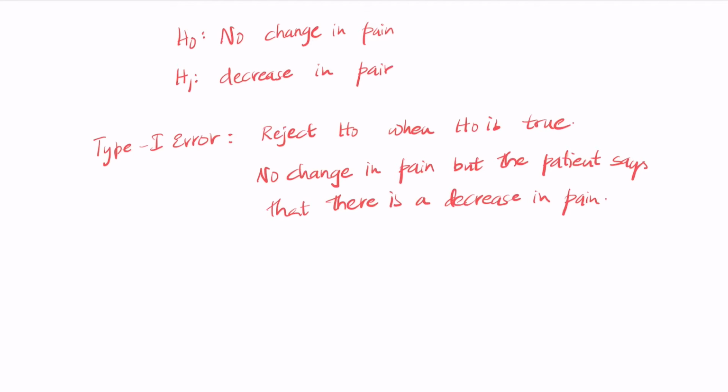Remember again, I'm going to repeat this. Originally there is no change in pain, but the patient is saying that there is a change in pain. This is type 1 error here.